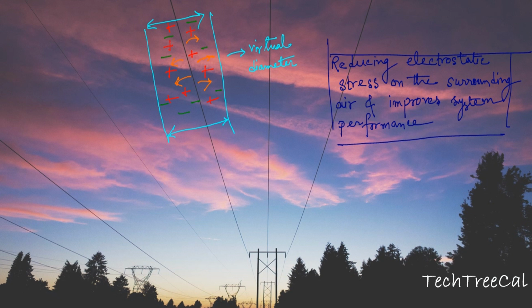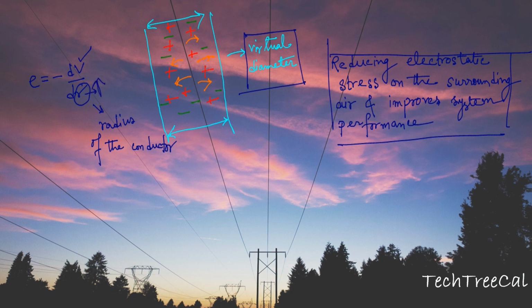Now you will ask, how is it possible? See, from your physics, electrostatic stress E is equal to minus dV/dr, where V is the voltage and r is the radius of the conductor. As the increase in virtual diameter increases the value of r, the value of E decreases, as E is inversely proportional to r in this equation.